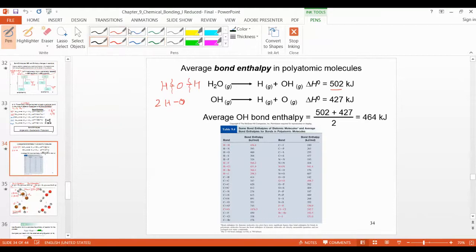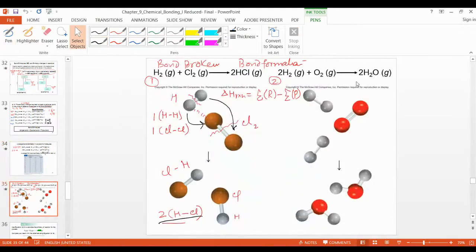Okay, I'm talking about these 2. Suppose this 2 is not there, only water is there.